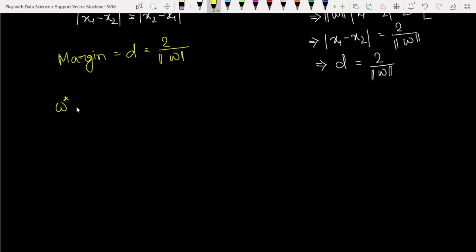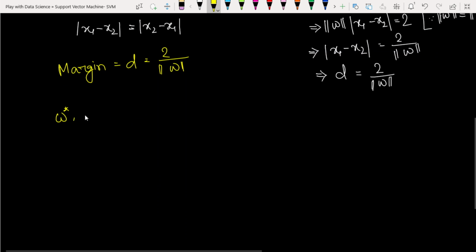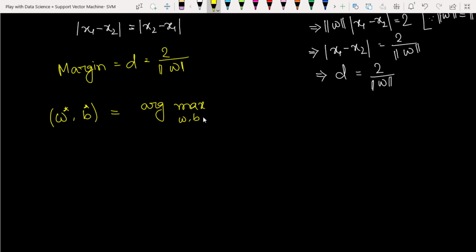We are interested in finding the optimal w star and optimal b star, and that will come from arg max over all w and b of 2 by the norm of w. And there are also some constraints.